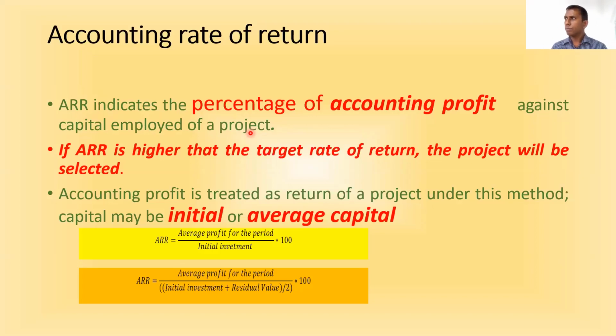Suppose we are going to invest 1 million rupees to acquire machines. That 1 million can be identified as capital employed to calculate this accounting rate of return. Look at the next point. It talks about how to select or reject a project based on this accounting rate of return.